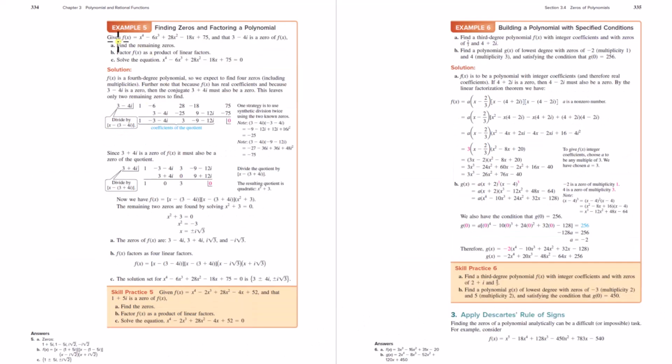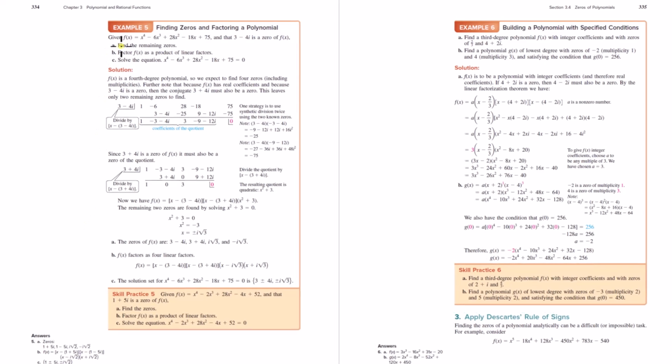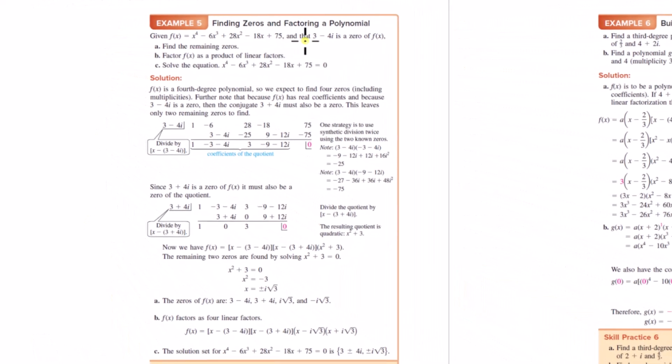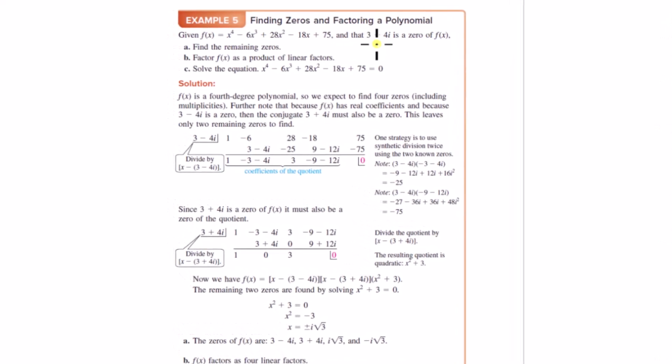In the next video, we're going to work a bunch of example problems just like shown here, so I'm not going to go through these here. Given f of x equal to this polynomial, and one of the zeros, a complex zero, find the remaining zeros. We know one of the other zeros is going to be 3 plus 4i.